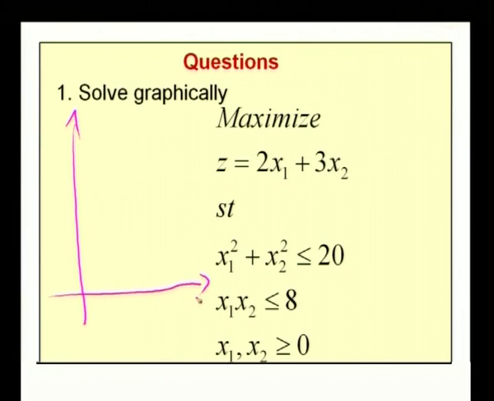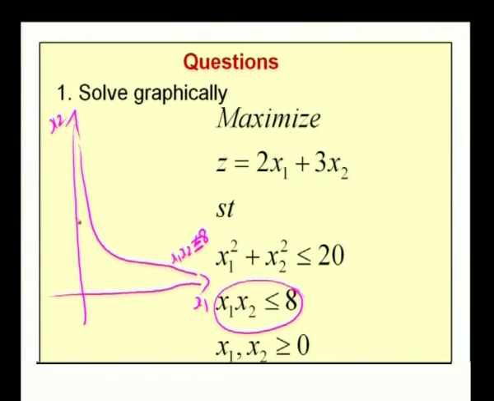Now, by plotting these two constraints in this graph, we have the following graph. Consider the rectangular Cartesian axes x1, x2. This equation is a rectangular hyperbola with coordinate axes as its asymptotes. This is our x1 into x2 less than or equal to 8. Now, this is a circle with center origin and radius root 20.